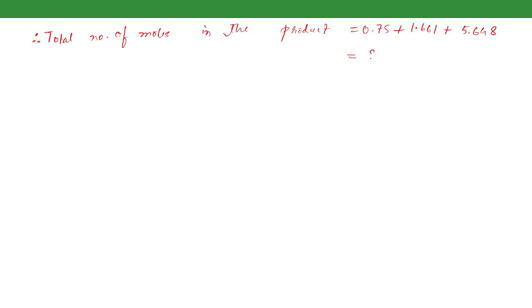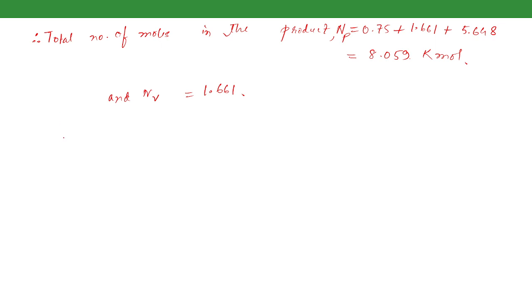So this is basically 8.059 kilomole. And the number of moles of the vapor only is 1.661. So this vapor will basically condense, and the temperature at which this starts condensing will give the dew point temperature of the entire product mixture.